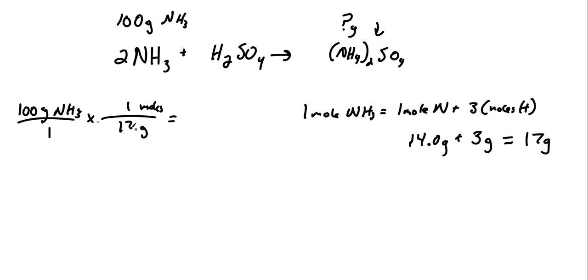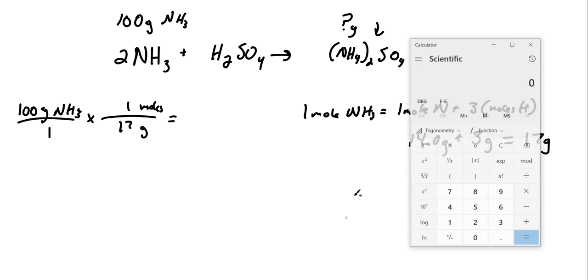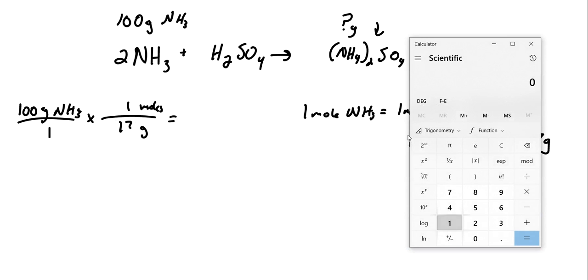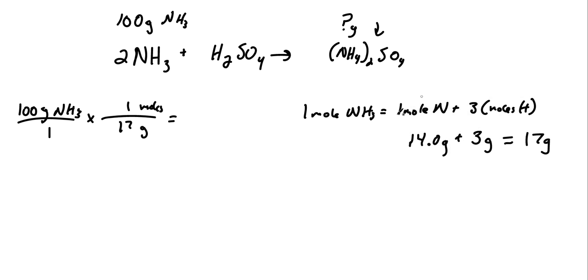So if we take our 100 divided by 17, let's go to our calculator. 100 divided by 17 equals 5.9, keeping with significant figures. So 5.9 moles of ammonia is what we got.